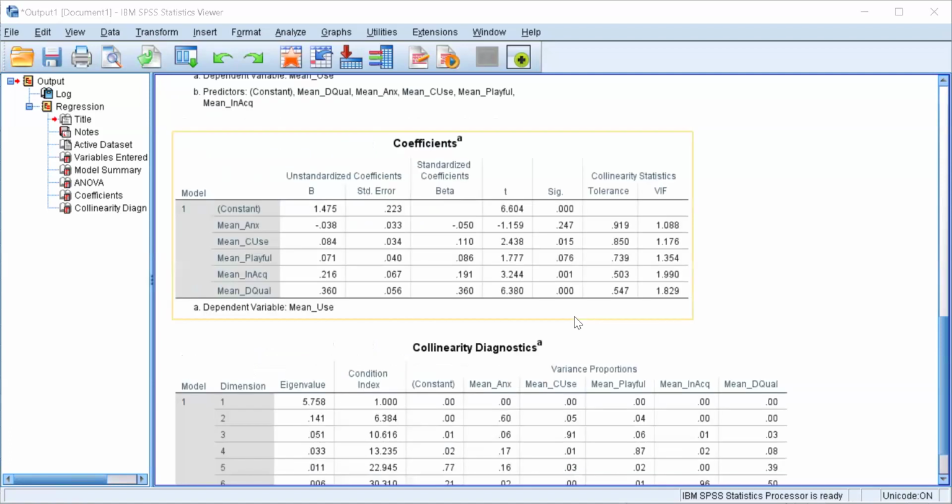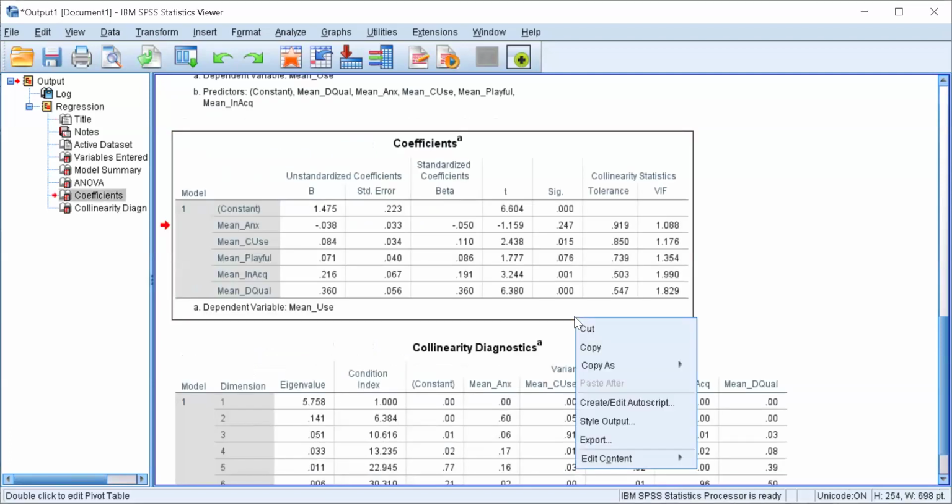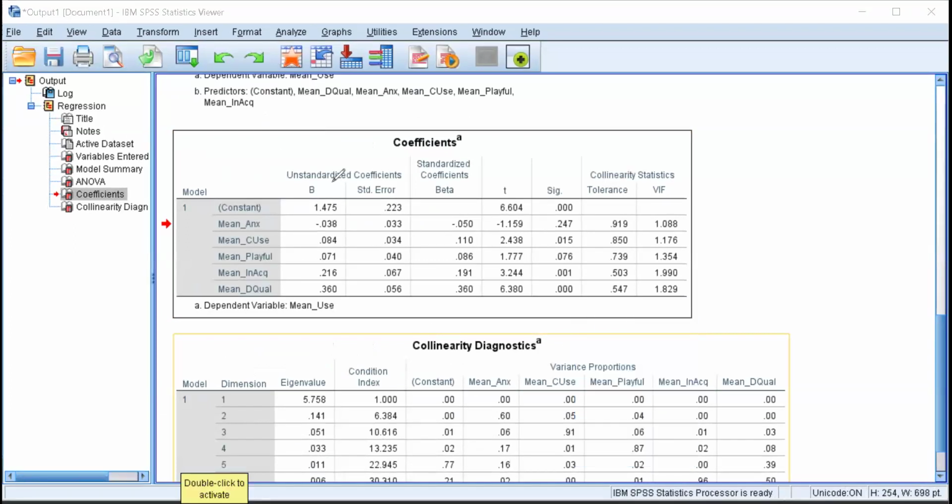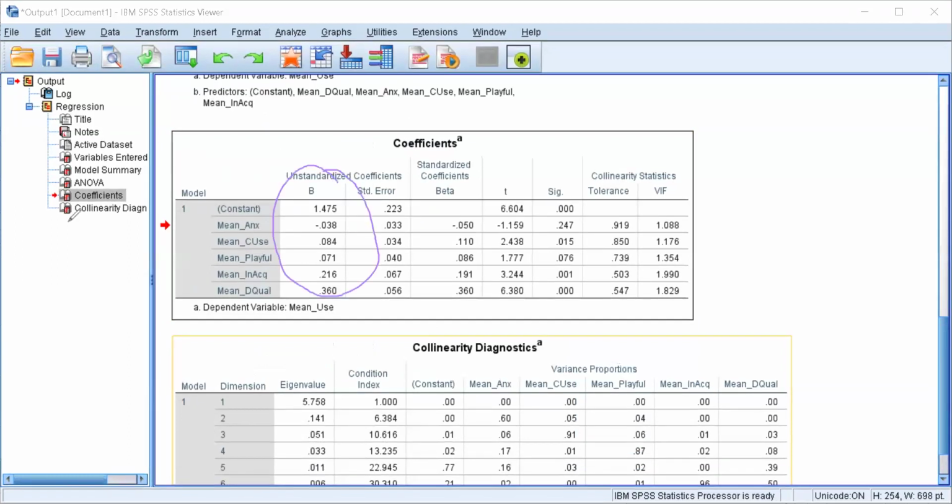These are the coefficients. We are interested in the coefficients. I told you, remember, the beta value. So we are interested in the beta values, and these are the beta values. What are we interested in?